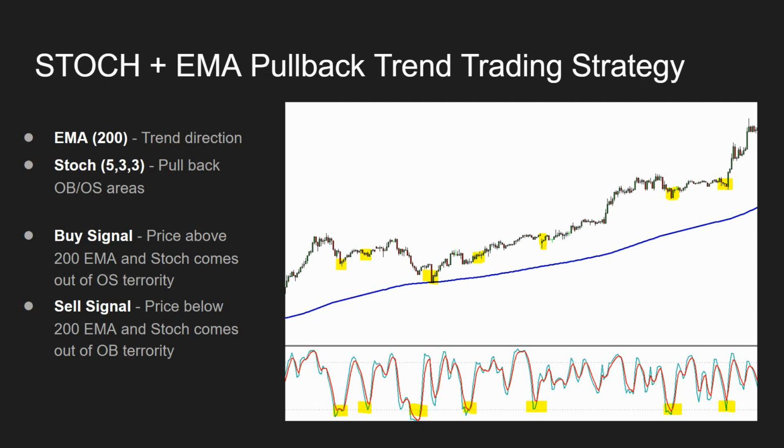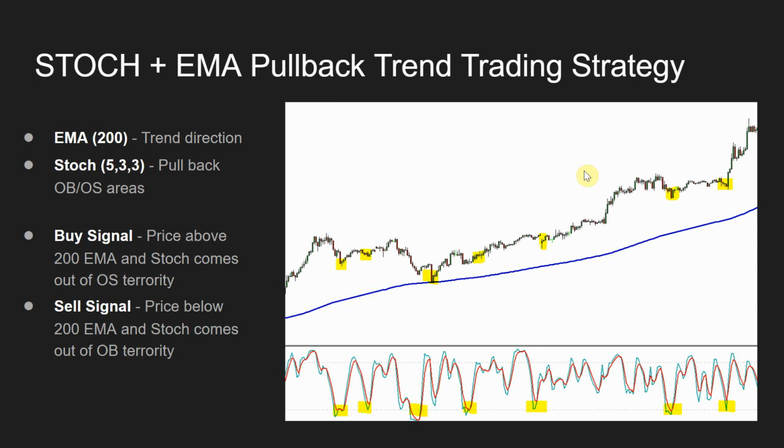So how exactly are signals taken as part of this trend trading strategy? If we have a buy signal, firstly, price needs to be above the 200 EMA, which if you look at the chart to the right, you can see indicated by this blue line, and then price is above that blue line or the 200 EMA.